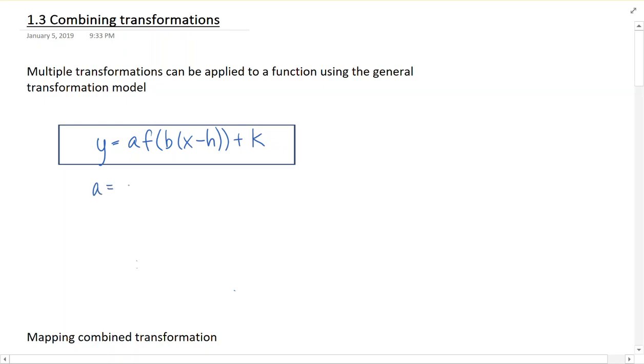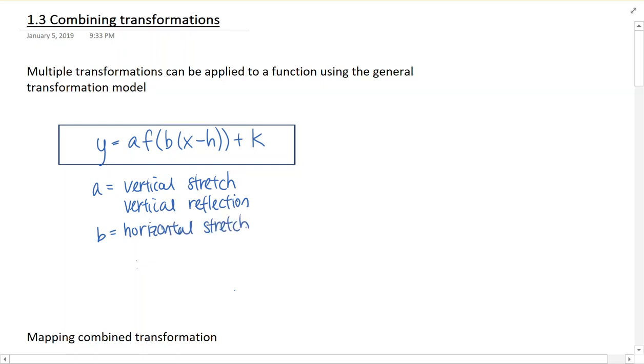A is vertical stretch, so that includes compressions and expansions, and also vertical reflection. B is horizontal stretch and horizontal reflection.